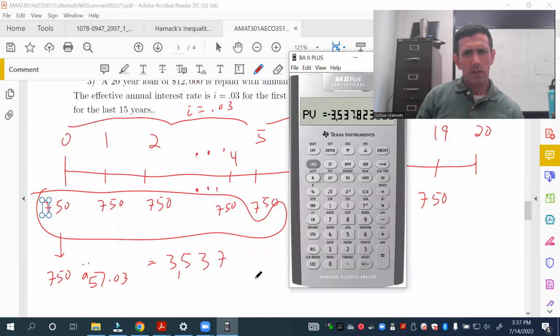Now, of course, I would store this somewhere. Let's make it positive and store it in the first slot. Let's just check it's there. Yeah, so it's there.